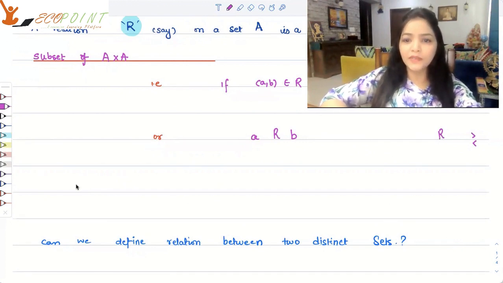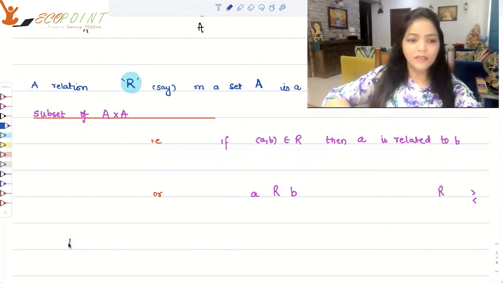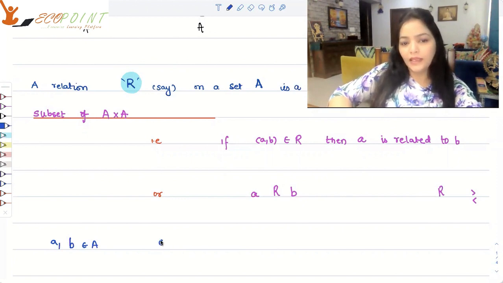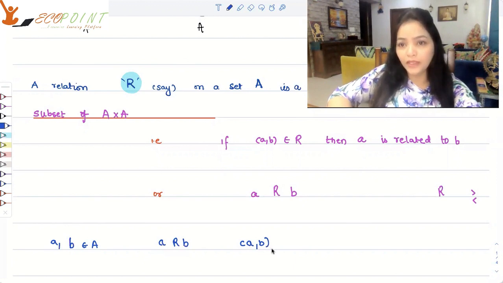Why is it a subset of A cross A? It is something of this sort: a and b both belong to A, and a is related to b, which is giving me a Cartesian product (a, b).